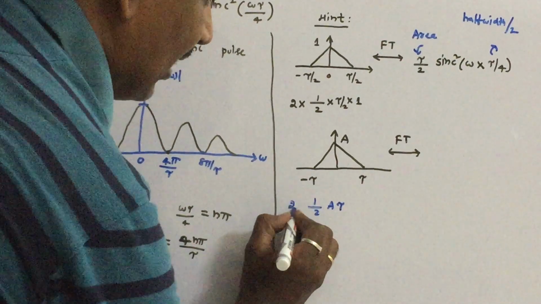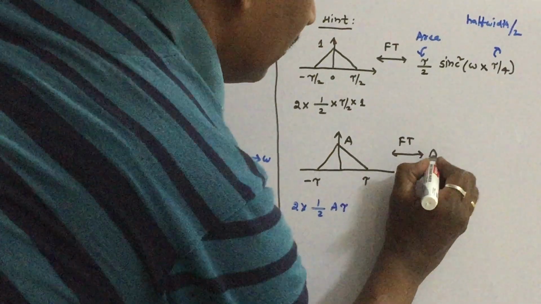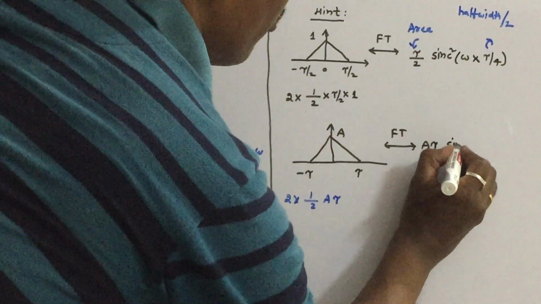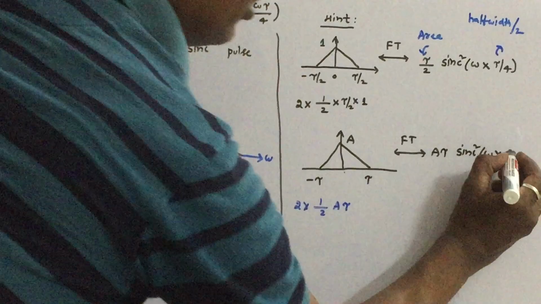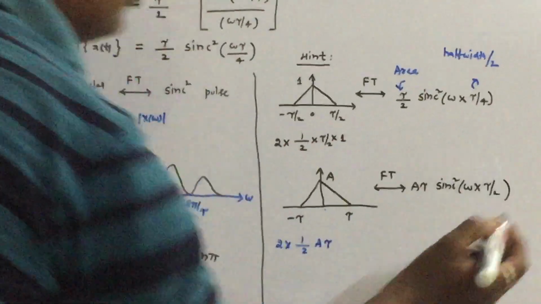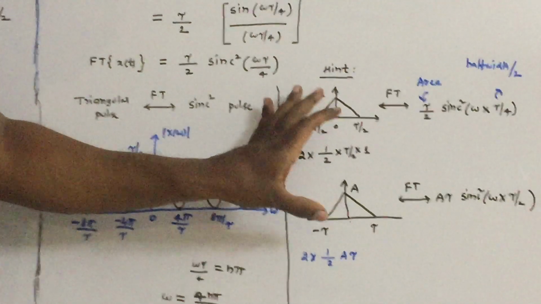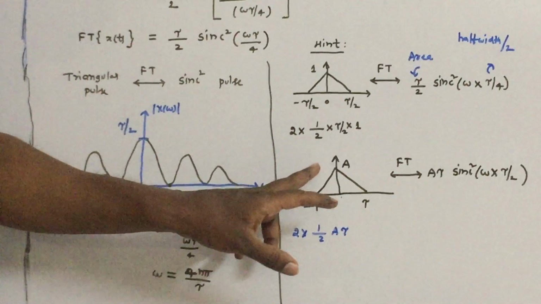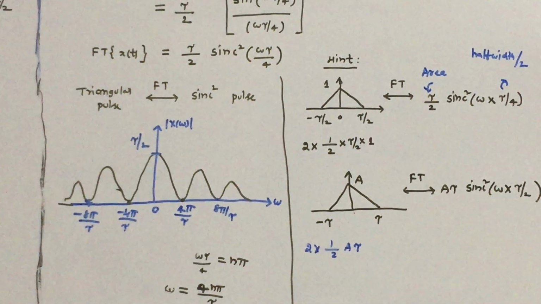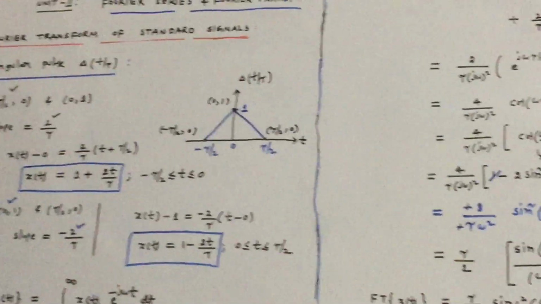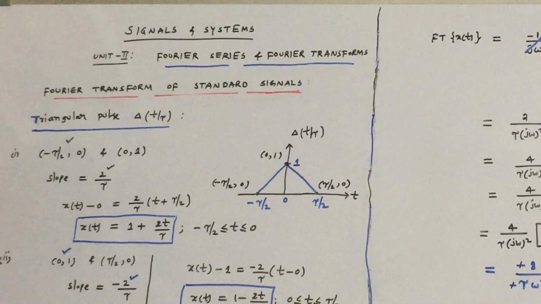So since two triangles are there, so A tau, so the area is A tau and sine square omega is common. So what is the width? Half width is tau, that is divided by 2. So this is the answer for this simple triangular pulse. In this way, remember this hint for competitive exams to directly give the Fourier transform of given triangular pulse. So this is our another very important pulse, triangular pulse, Fourier transform.